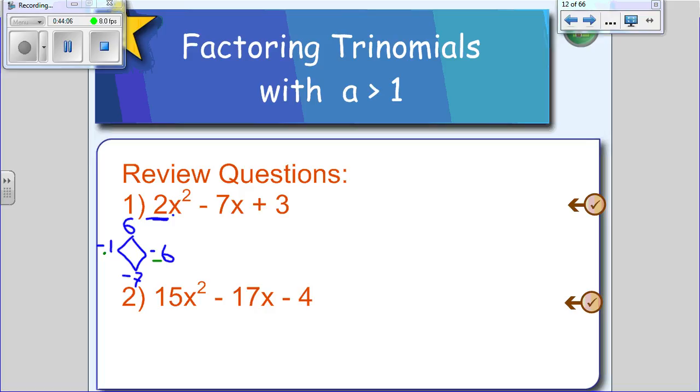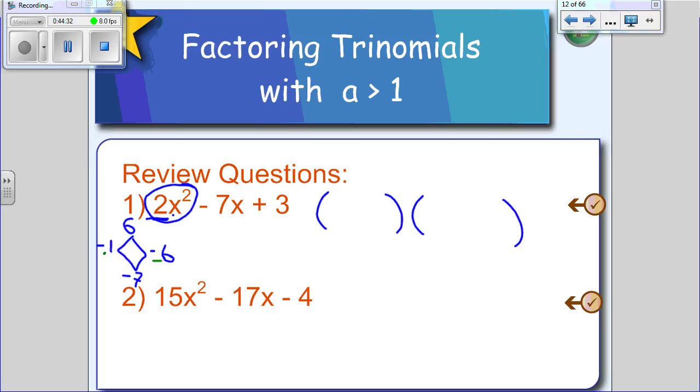I know the first term of each binomial has to create this first term of my trinomial. So I know I need to have an x and an x, and I know that one of them has to be 2, but I don't know which one has to be 2. So I just say they're both 2x. And I'm knowingly making a mistake. I don't know which one of these should be 2x, but I know one of them's gotta be. So I just make them both 2x.